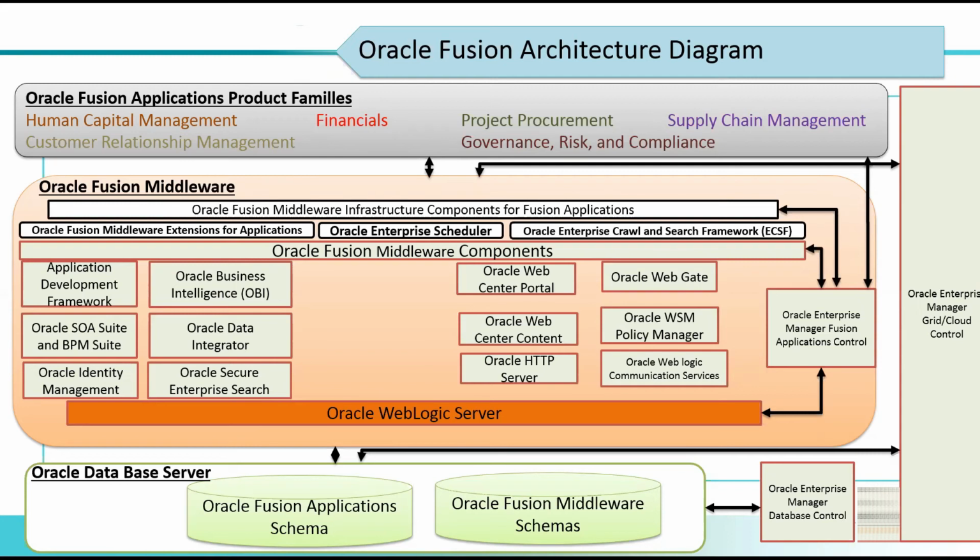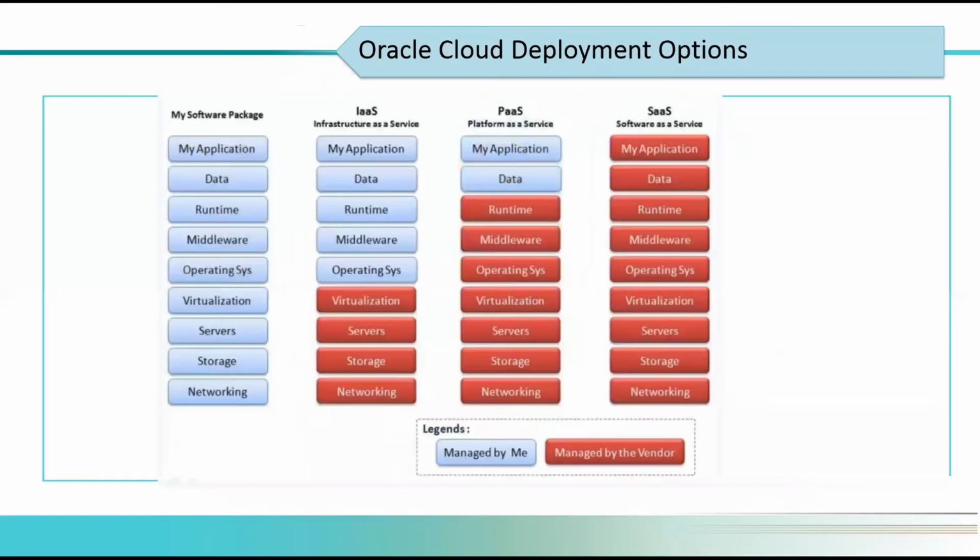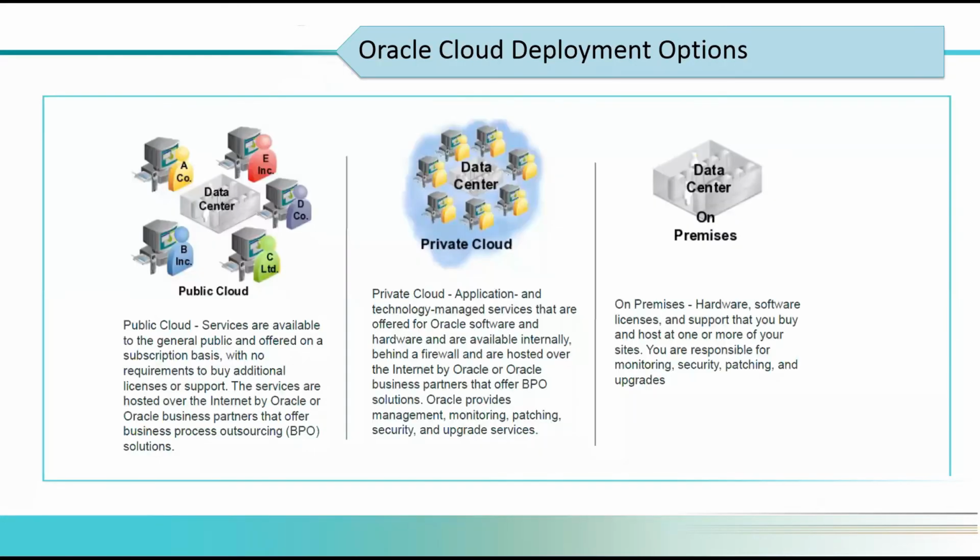Now let's go further. Once we understand the architecture, once we understand what are the Fusion applications, let's go further and try to understand the cloud deployment options, right? So let me go to that diagram. Okay, so when I say cloud deployment options, you have the application, you have the middleware, where you can access it, how you can access it.